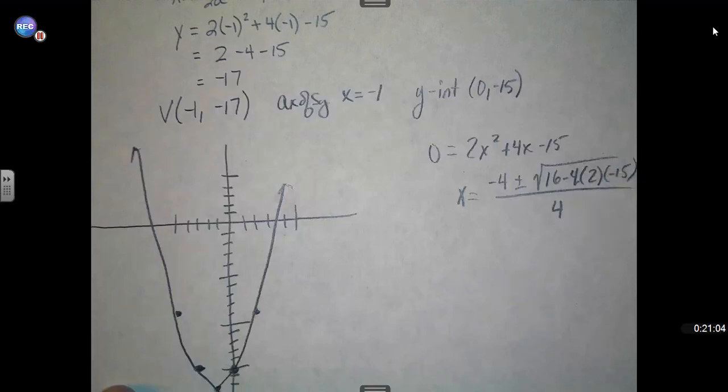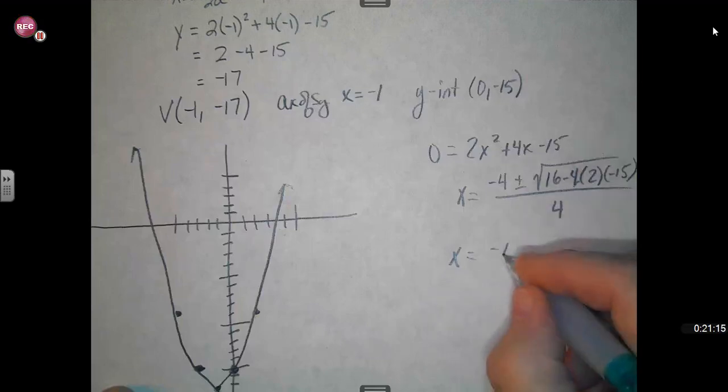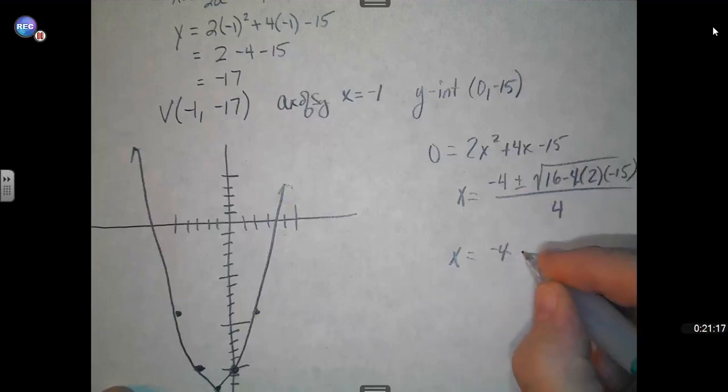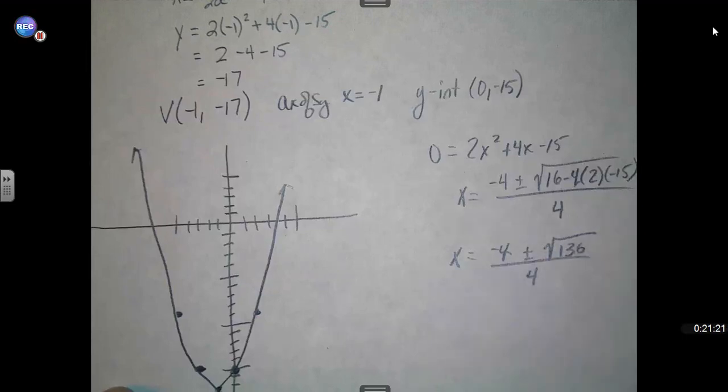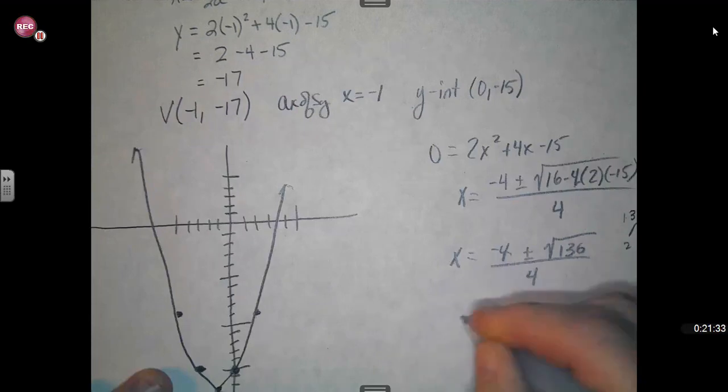Oh dear. 15 times 2 is 30, times 4 is 120, plus 16 is 136, and then 136 divided by 2 is 68, and that's 2 times 34, and that's 2 times 17.